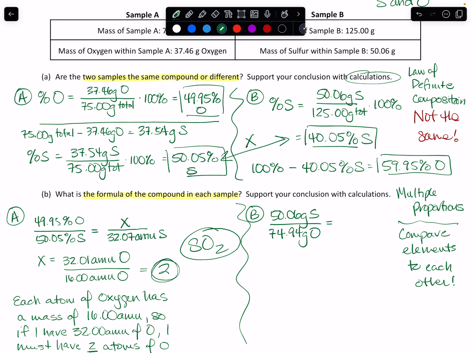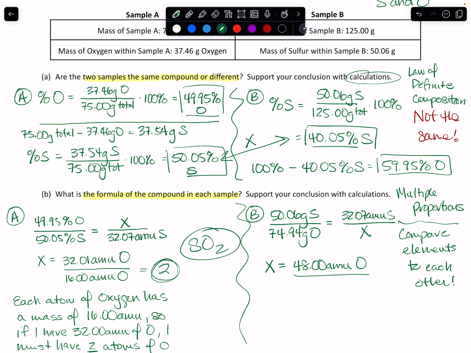Then again, I'm going to set it equal in ratio to the mass of a single atom of sulfur, so 32.07 AMUs of sulfur over an unknown mass of oxygen. I'm going to cross multiply, and this time I find that I have 48.00 AMU of oxygen. So I ask myself, how many atoms of oxygen must be present?